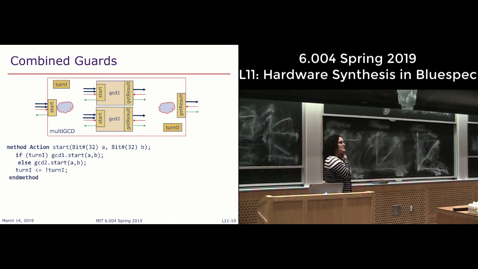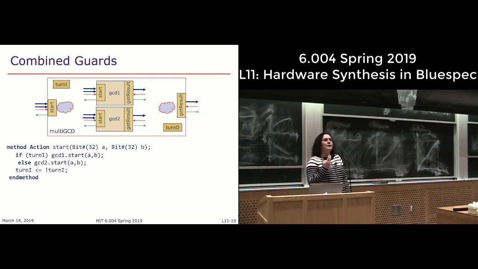So if I look at the start method of my multi-GCD, you'll see that it doesn't actually have any explicit guards, right? But that doesn't mean that I can always call start, right? When would I not be able to call start in this multi-GCD? Or when can I call start?